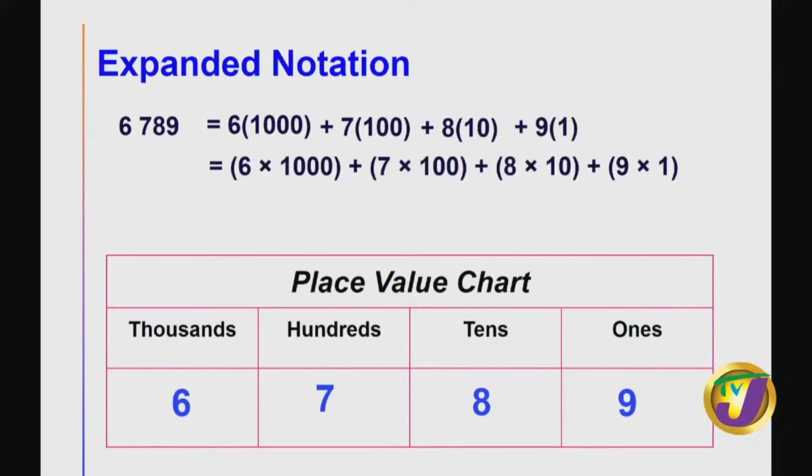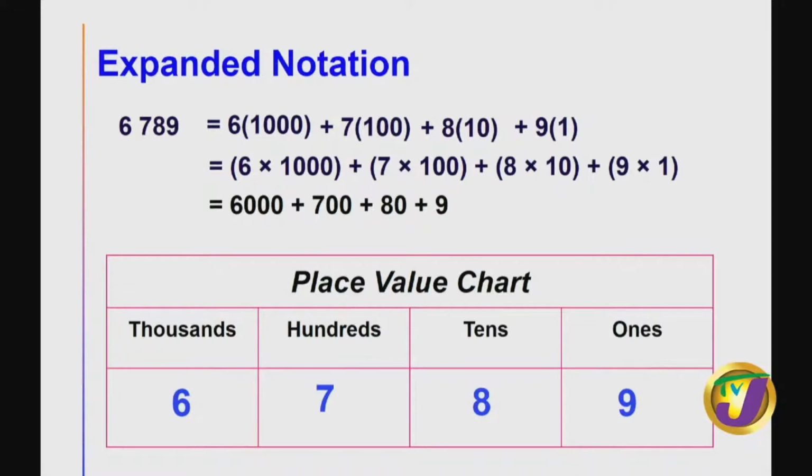This can also be written as 6 multiplied by 1,000 plus 7 times 100 plus 8 times 10 plus 9 times 1, which is just simply 6,000 plus 700 plus 80 plus 9, which is the same as 6,789. This makes a lot of sense.